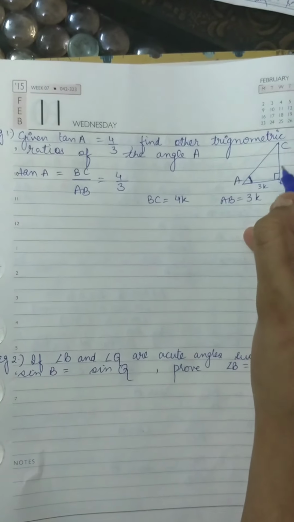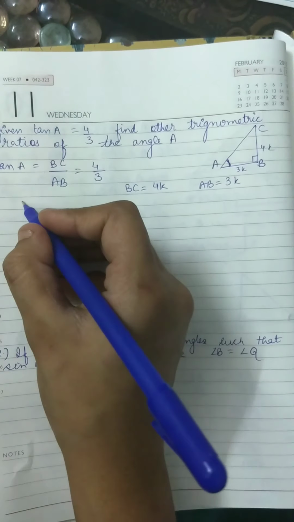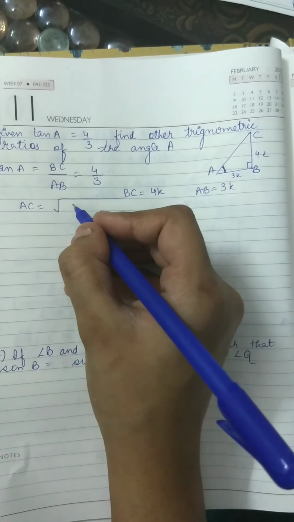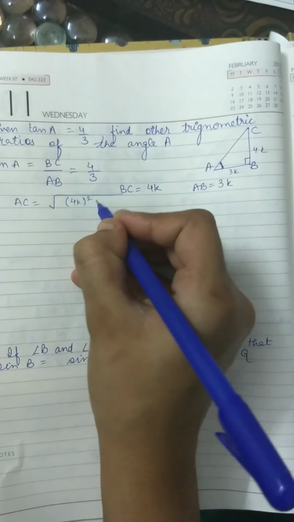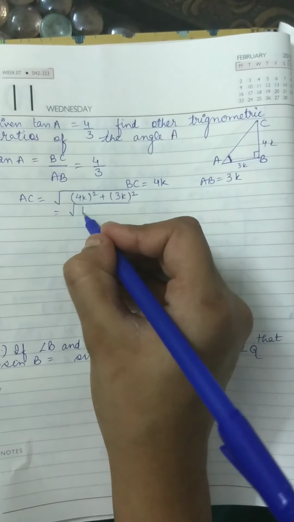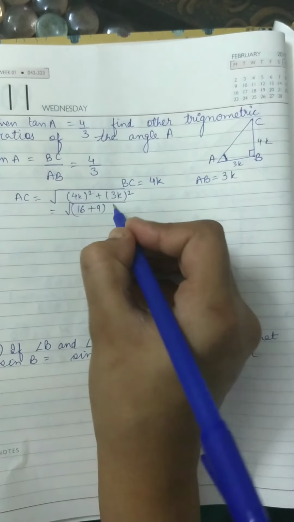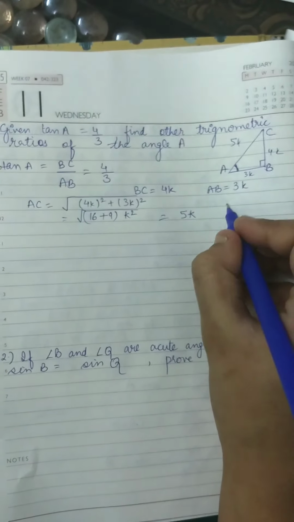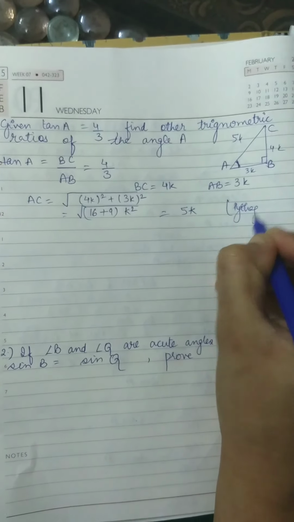So this is 3K and this is 4K. So by the Pythagoras theorem, I can find out AC, which will be under root of 4K whole square plus 3K whole square. So this gives us 16 plus 9, K square. So this is 5K by Pythagoras theorem.